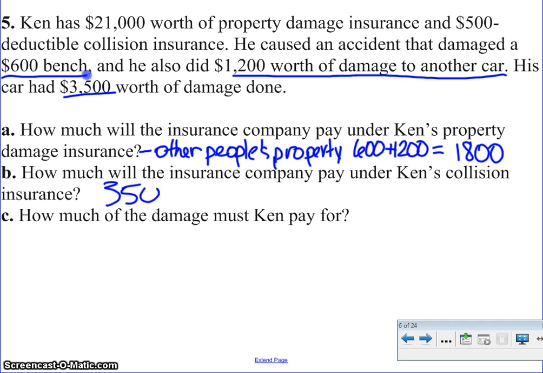Well, the total worth of damage was $3,500, but Ken has a $500 deductible, so the insurance company is paying $3,000. And C, how much did Ken have to pay? He had to pay his $500 deductible.